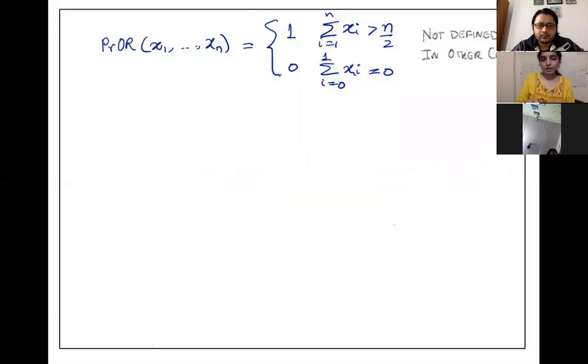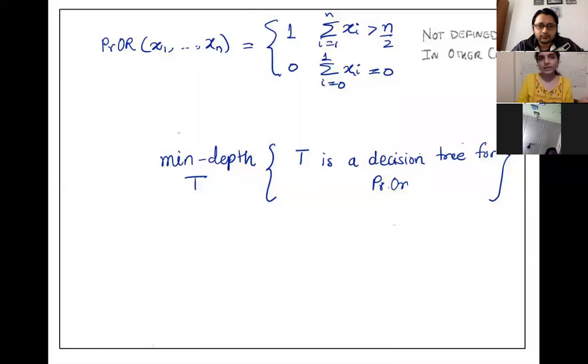So in the previous example, for instance, if it was all zeros, then your questions may have been 1, 2, 3, 4, and the tree would have gone down and no, and finally said 0, to indicate that in fact the overall function is computing to 0 after n/2 queries. So this is called decision tree.